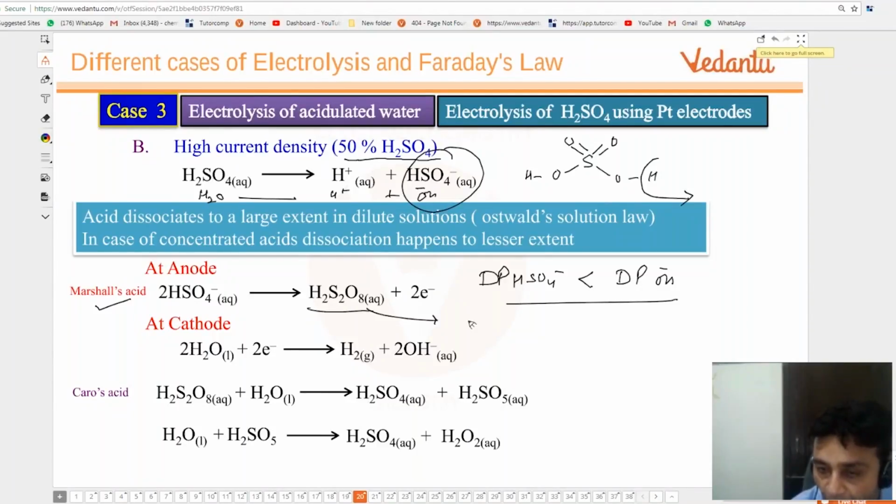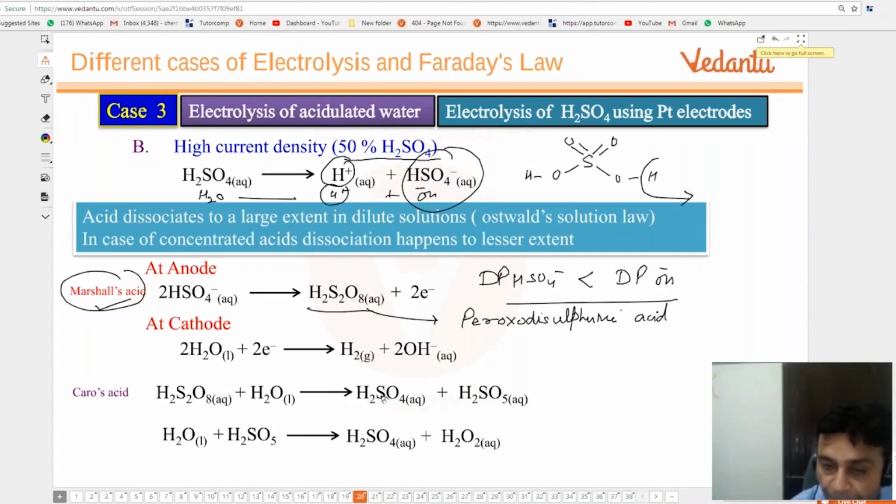This compound is called peroxodisulfuric acid, also called Marshall's acid, right? And at the cathode we have hydrogen only, because both of these are hydrogen, and it undergoes reduction to form H2 gas.